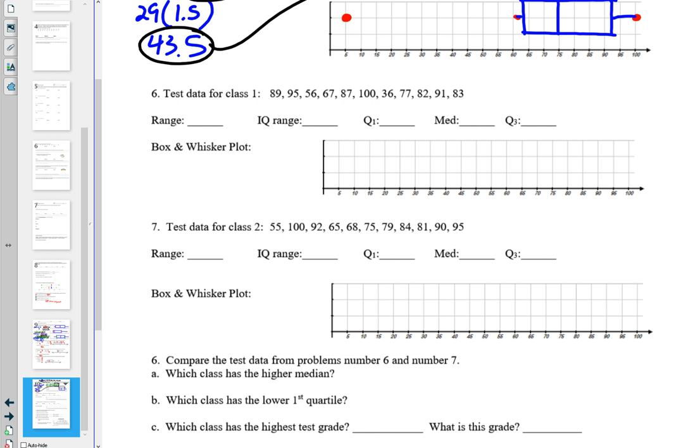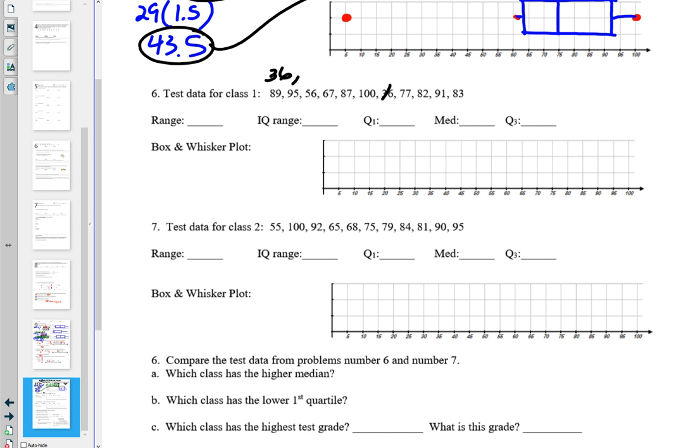Test data for class 1. So let's do everything: box and whisker and range, everything. I'm just going to put these in order for you. How many will we have? 1, 2, 3, 4, 5. We have 11 of them. So let's go in order. That 36 looks out of place, but see, 36.